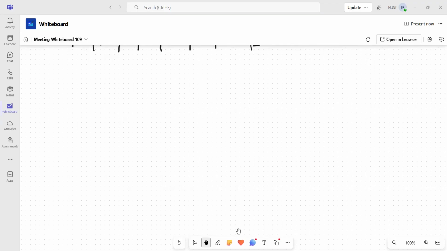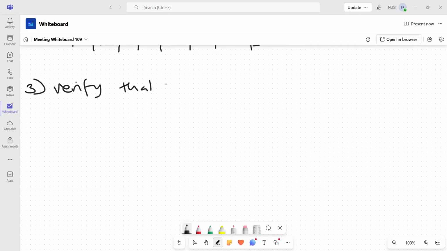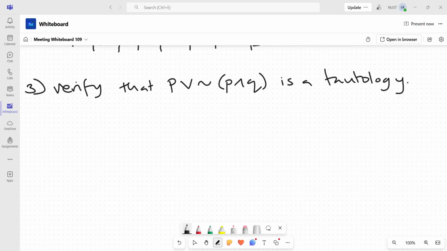Another one, number 3. It says verify that P or not P and Q is a tautology. So you have to remember that a tautology is a statement that is always true.